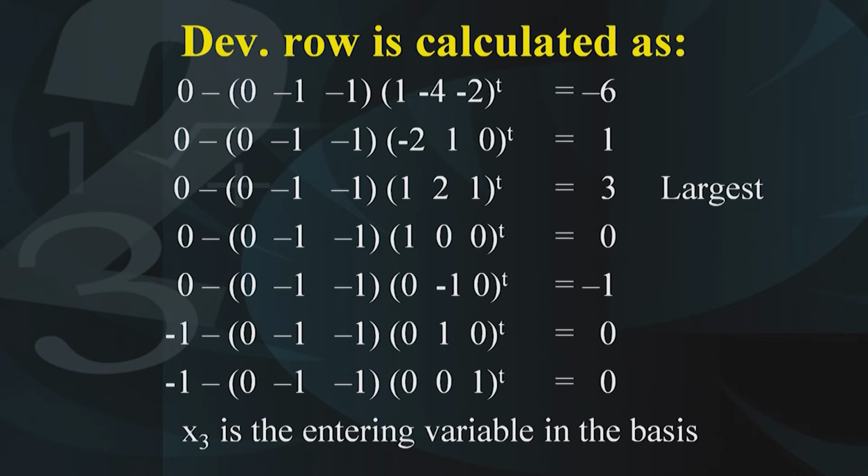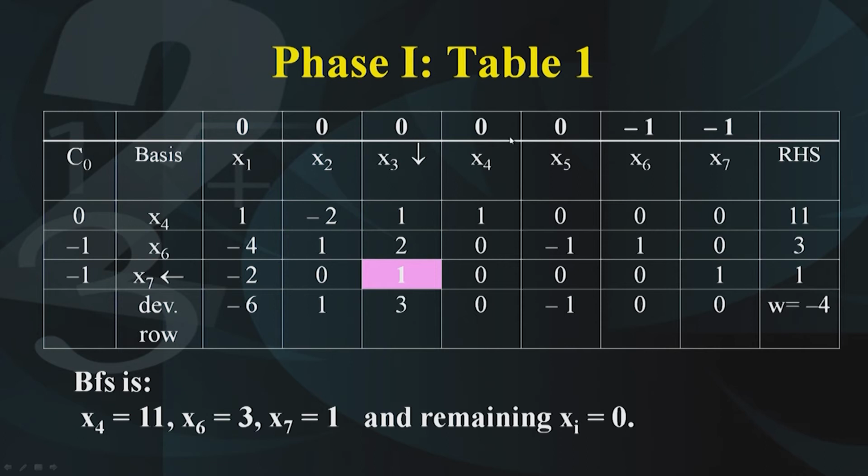You will see 0 minus (0, minus 1, minus 1) multiplied by (1, minus 4, 2). So, the corresponding entry becomes minus 6 and that is what we have written over here. So, this first entry is minus 6.